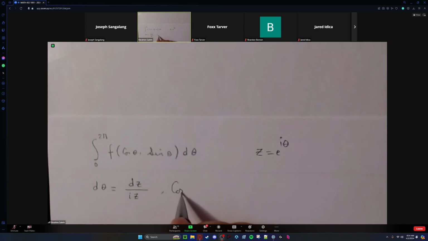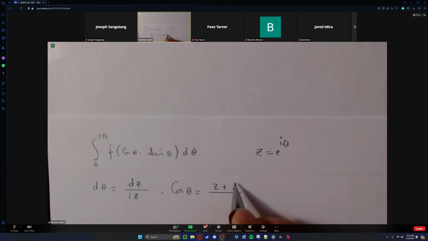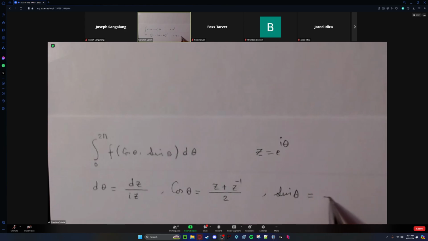And cosine theta, which is e to the i theta plus e to the negative i theta over 2, will be z plus z to the negative 1 over 2, and sine of theta, just using the definition of sine, is z minus 1 over z over 2i, okay?